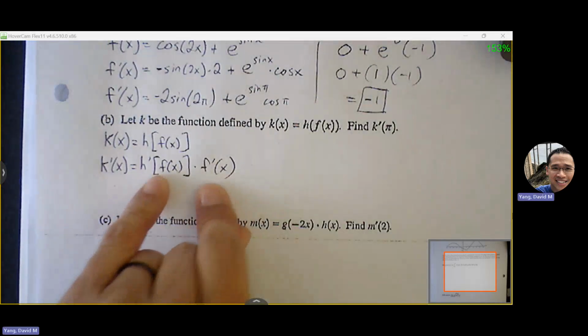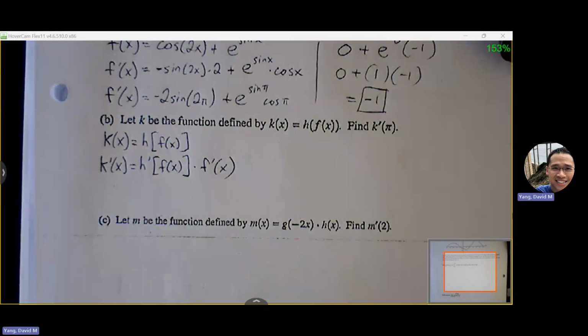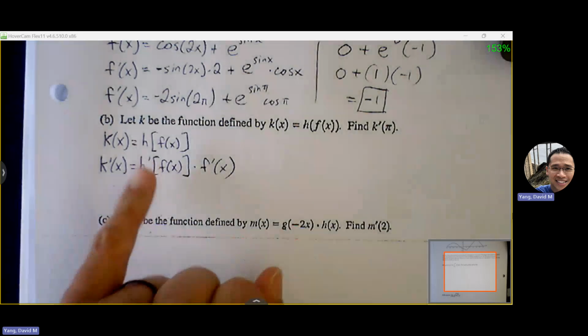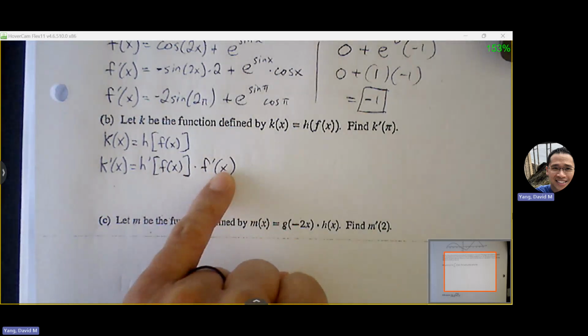Make sure that you remember your steps for chain rule. It's not just h prime times f prime. It's outside derivative times inside derivative.